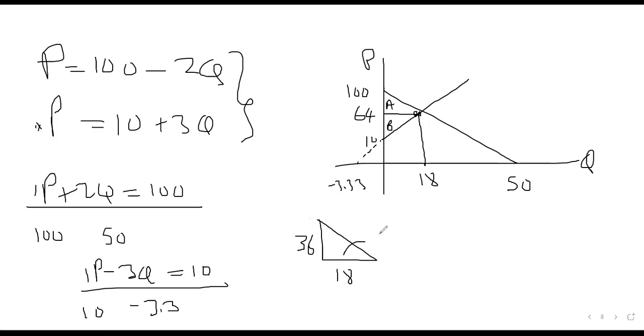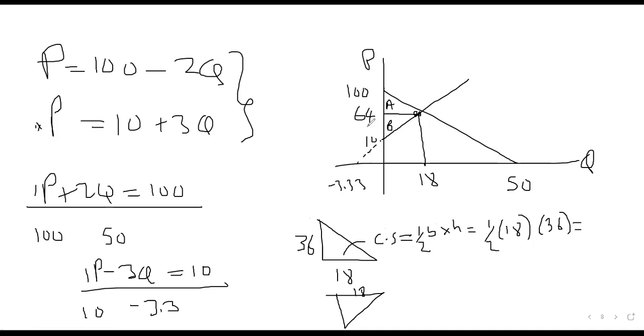So this is our consumer surplus, which is simply going to be half times the base times height. So here we're going to have our base is 18 and our height is 36. So here also, they're sharing the same base here to 18.